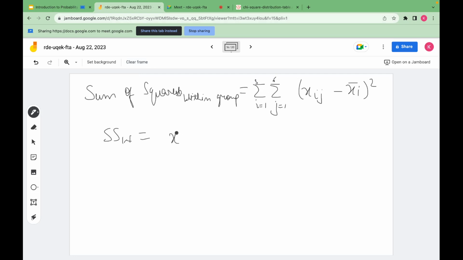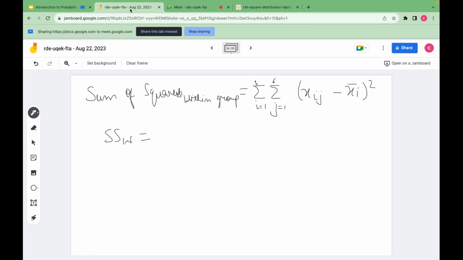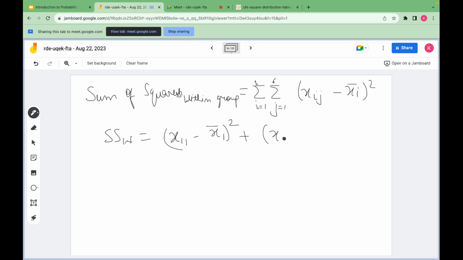So this will be, first is 8 minus 10.66 whole square, or I can write it as x11 minus x1 bar square plus x21 minus x1 bar square, x31 minus x1 bar square plus up to x61 minus x1 bar square.